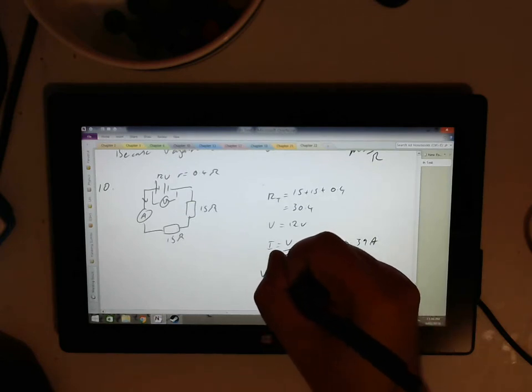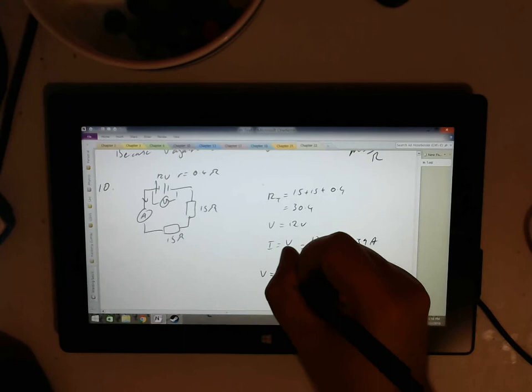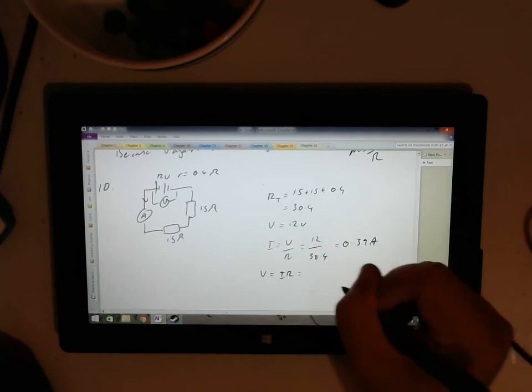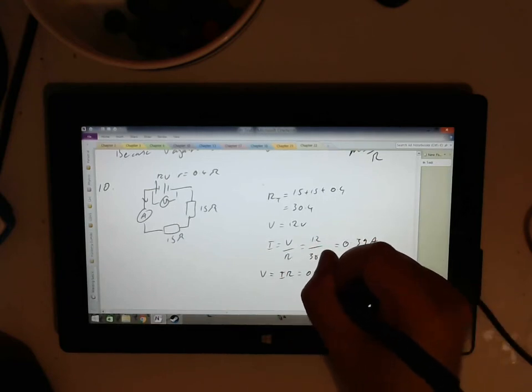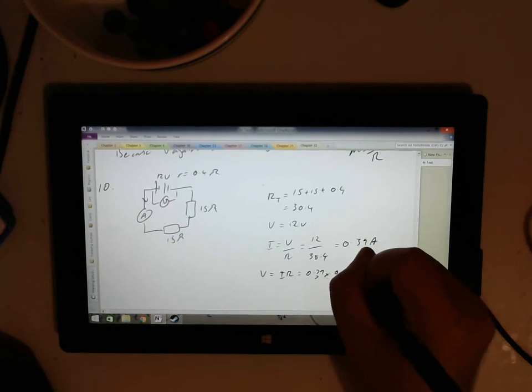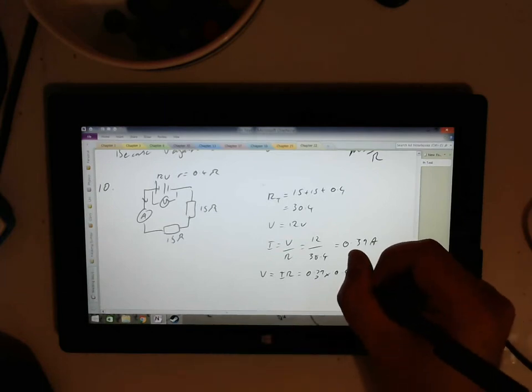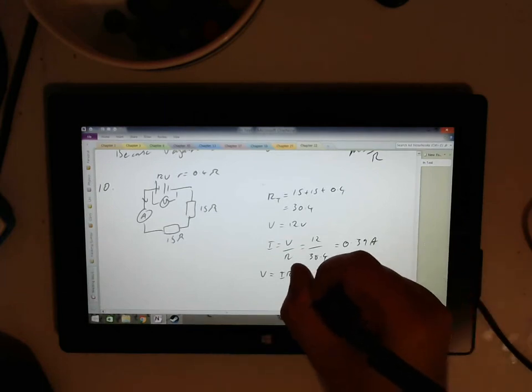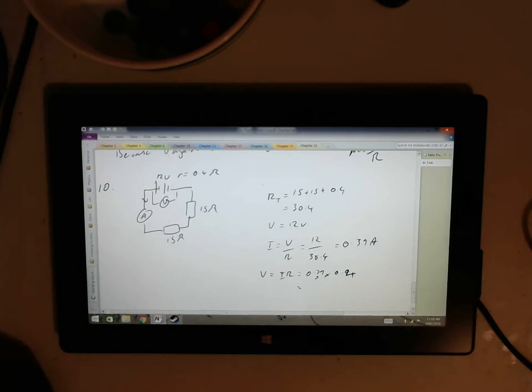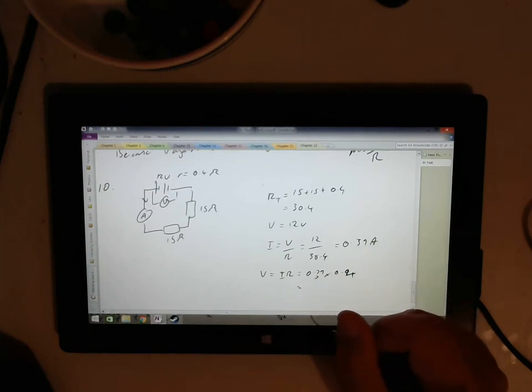The voltage, how much is getting used, equals IR equals 0.39 times 0.4, equals 0.156.